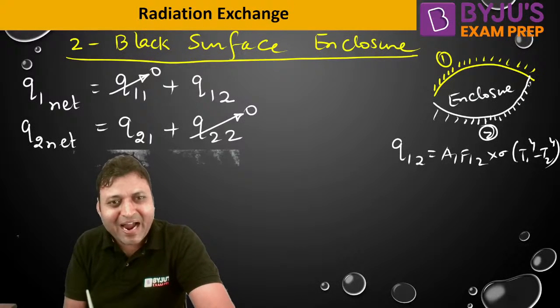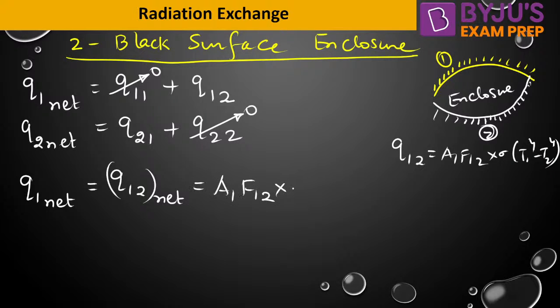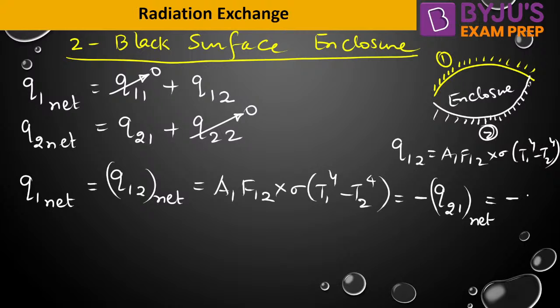So can we finally write Q1 net is equal to Q122 net is equal to A1 F122 into sigma into T1 to the power 4 minus T2 to the power 4 is equal to minus Q221 net, or we can say it is minus Q2 net.